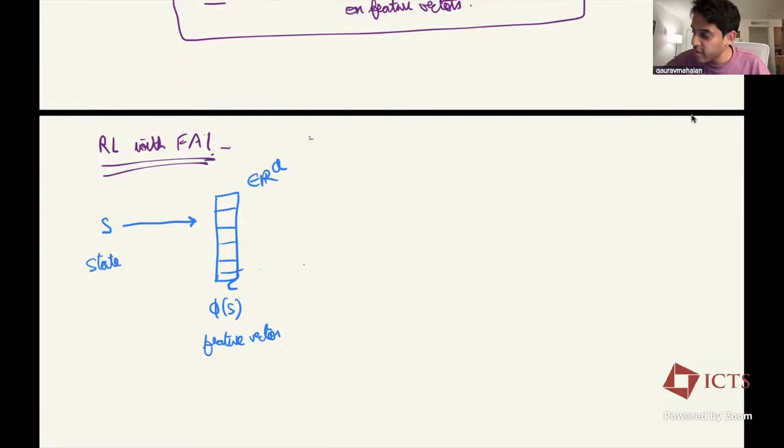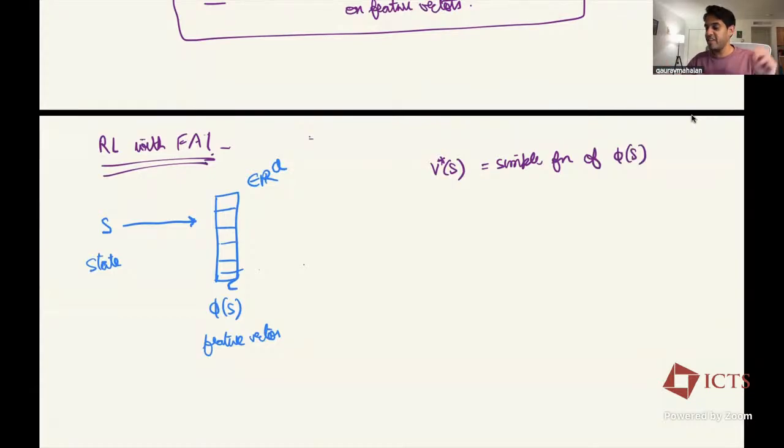One kind of assumption that people looked at is assuming V star of S, the best possible value starting from a state, is some simple function phi of S. You can define what simple means, but that is one assumption that you could make.